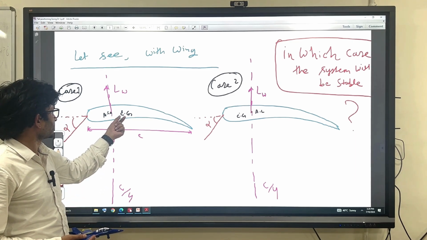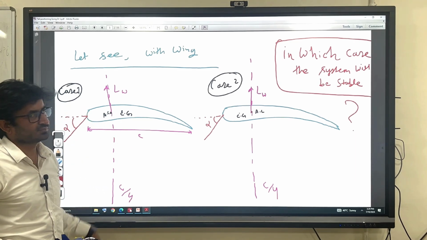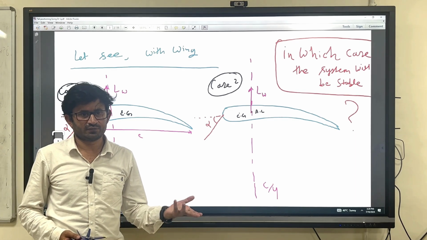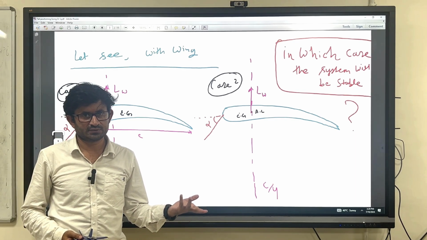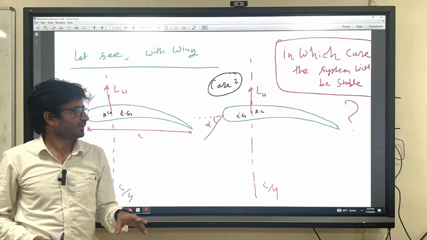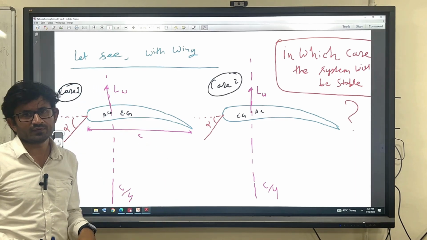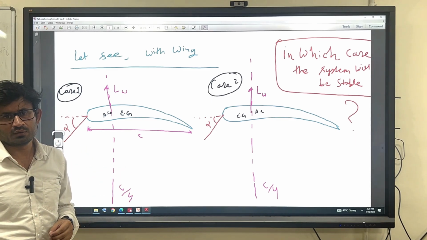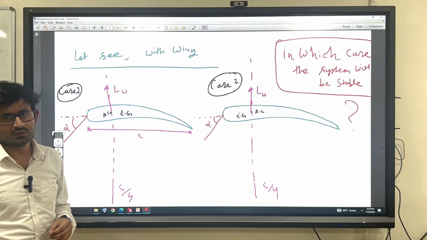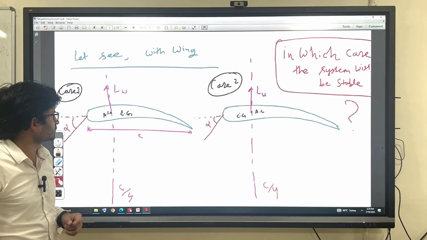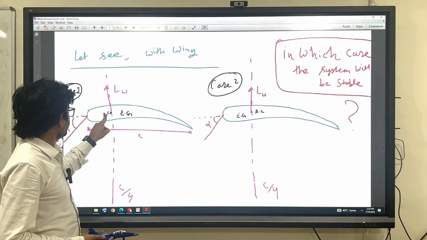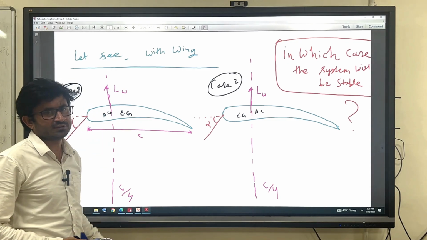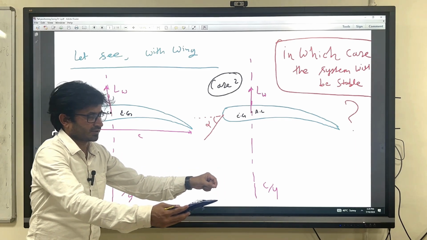And if you want to put the CG this side, you have to put a lot of mass. Unnecessarily, the weight of the aircraft may increase. If you put a lot of mass here, aircraft weight will increase. So it is not a logical solution. But you can put the aerodynamic center behind the CG by taking the sweep back.